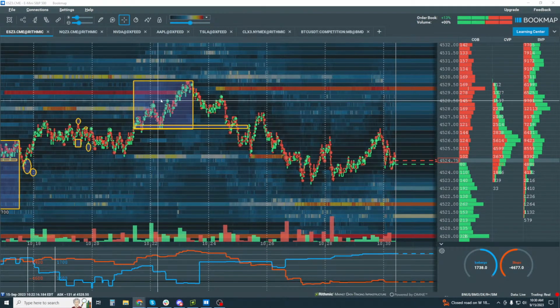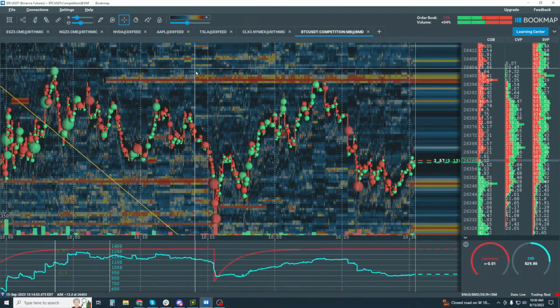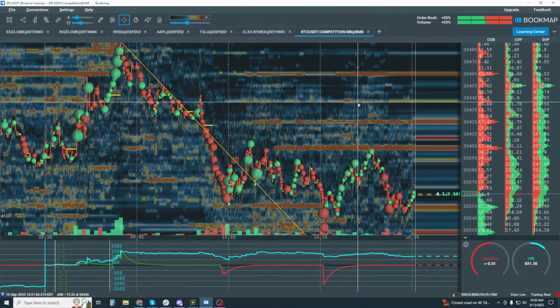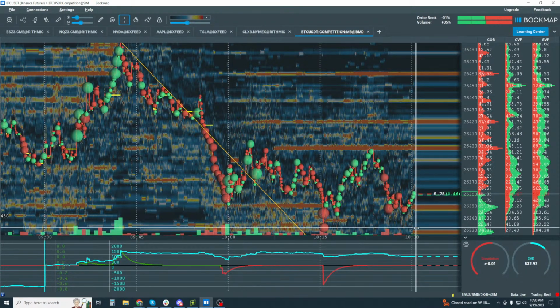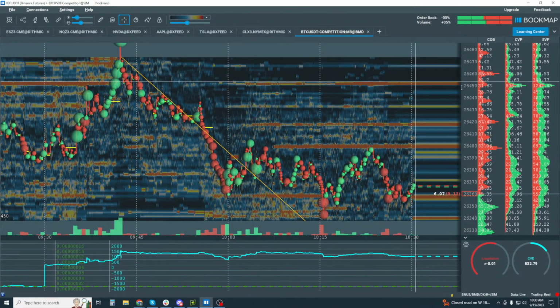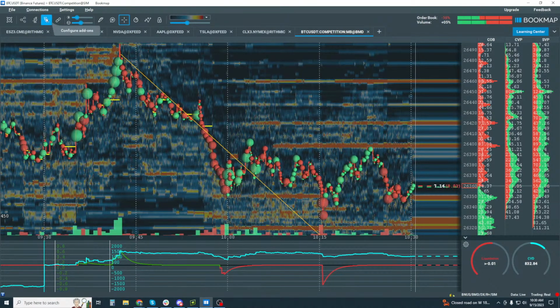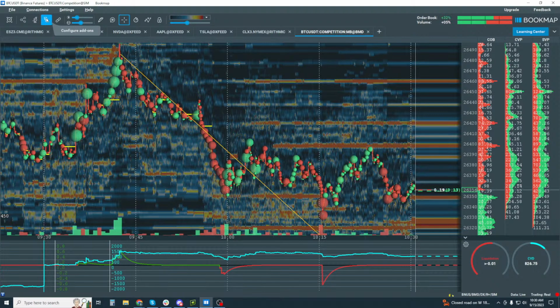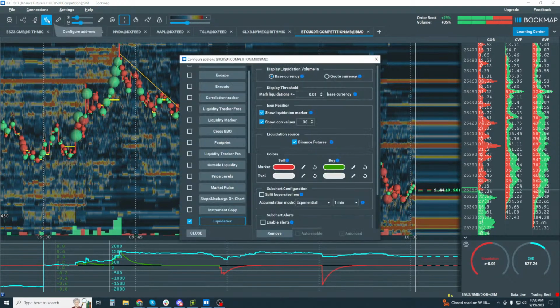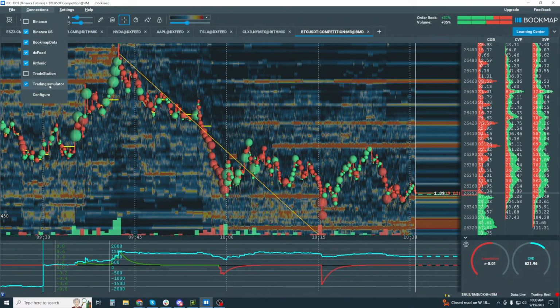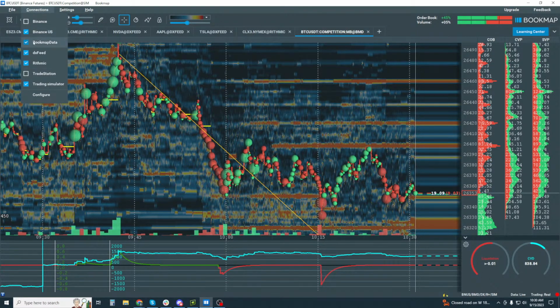Here's the instrument, and this is Bitcoin. You will basically need to download and install a few different things. What you'll need to download and install, under connections here, is the trading simulator, and then you will be connecting to Bookmap data.